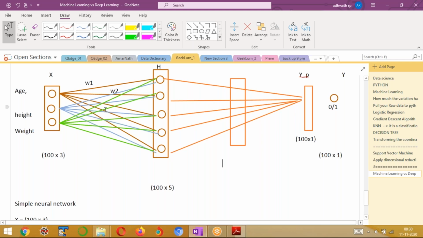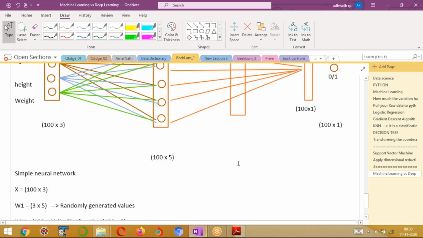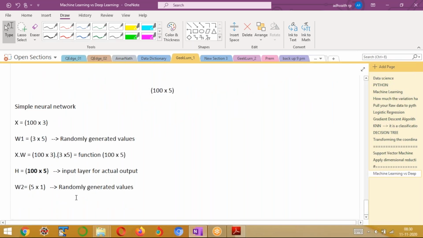Here also I attached directly without adding the weights multiplied values, but you just imagine. So here 100 by 5, and there 100 by 1. So definitely I need to create weight values of 5 by 1.